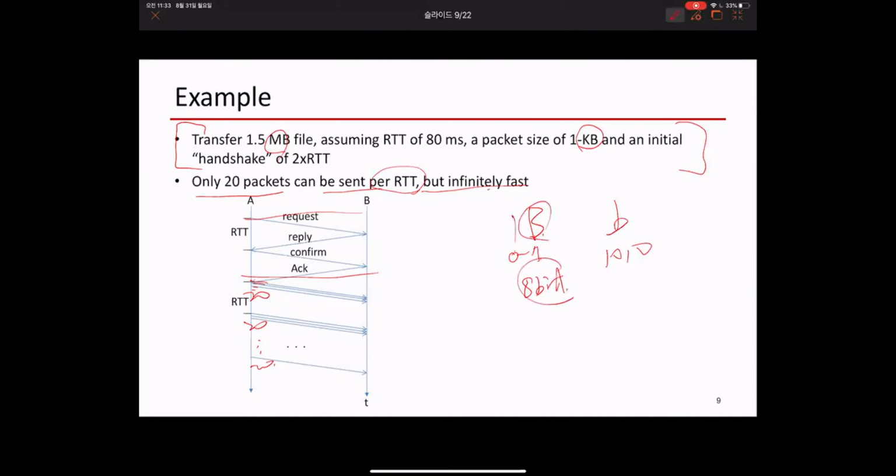So kilobytes means 1 multiplied by k, which is 10 to the 3, and the bytes are multiplied by 8, then it is bits. Clear?